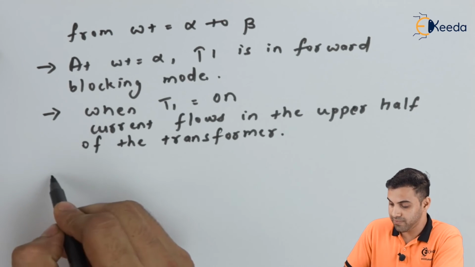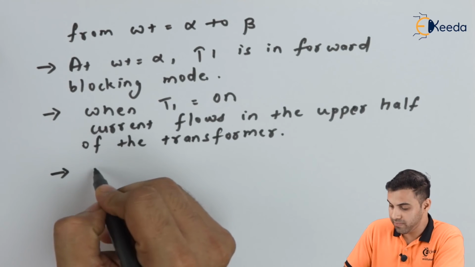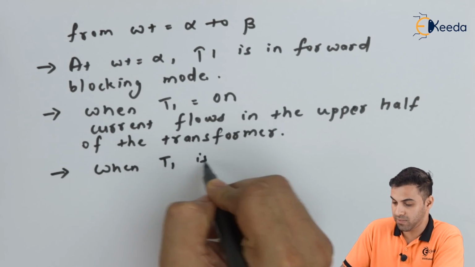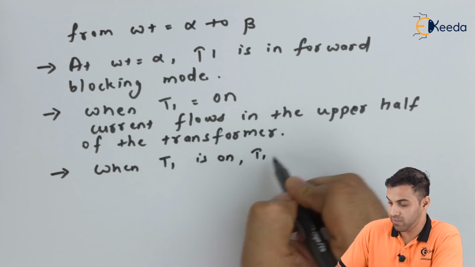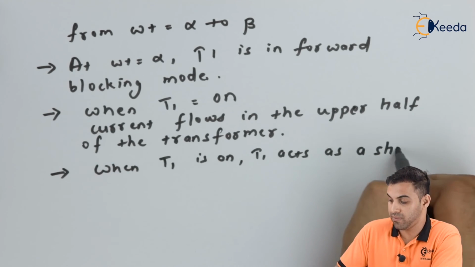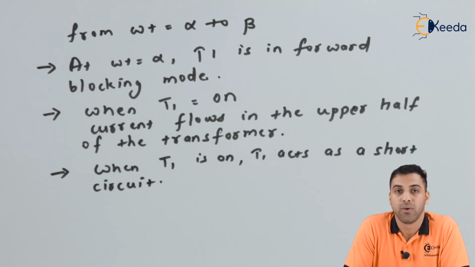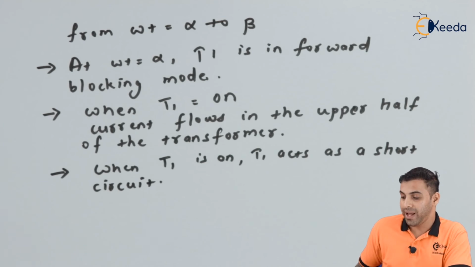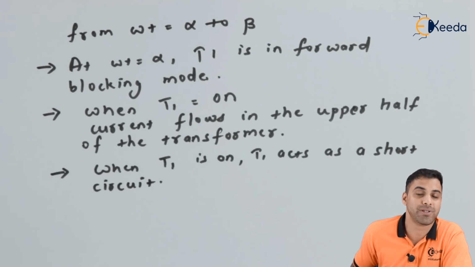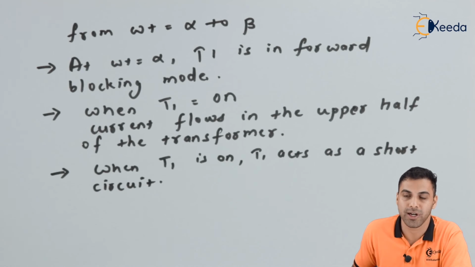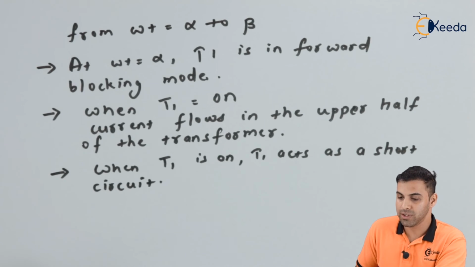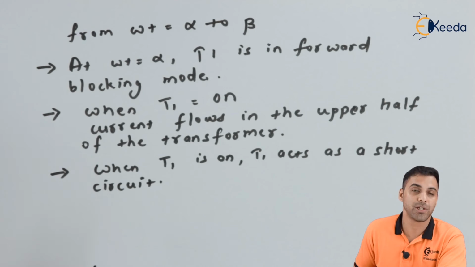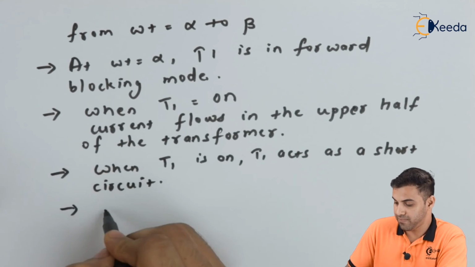Now friends, the next point would be, when T1 is on, T1 acts as a short circuit. As we all discussed in the earlier lectures, whenever a thyristor is turned on, that means it allows the flow of electric current completely, so it is short circuited. Now friends, let's talk about what happens to the inductive load.